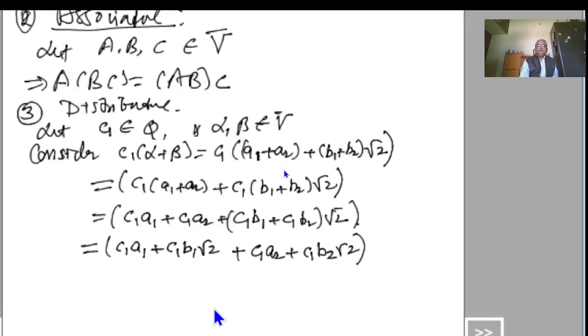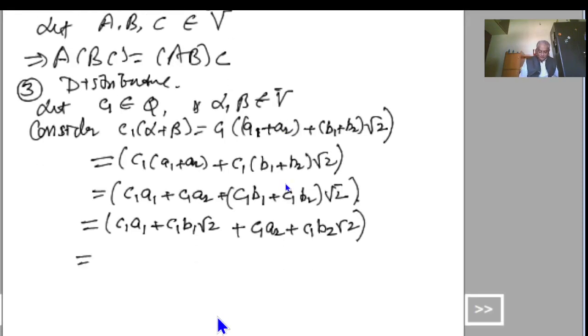Now this is equal to C1 outside, common factor, A1 plus B1 into root 2 plus C1, again common factor outside, A2 plus B2 into root 2.